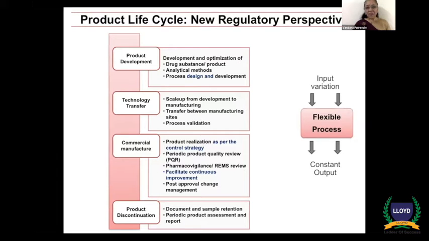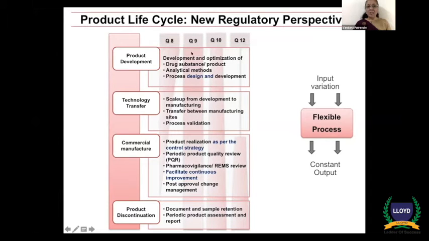So now we know that it is a regulatory norm, and the product has to get realized as per the control strategy. To come to this control strategy, you need to use QBD. And therefore, this is facilitating continuous improvement. So the process has become, I would say, simpler.